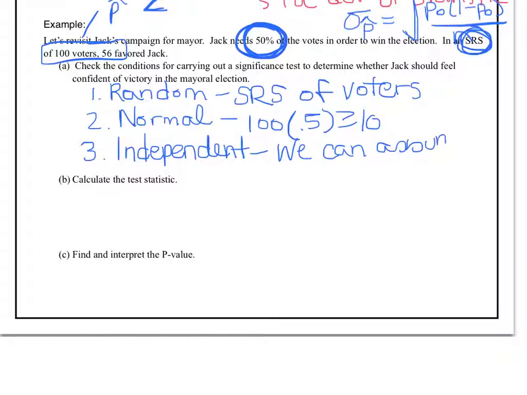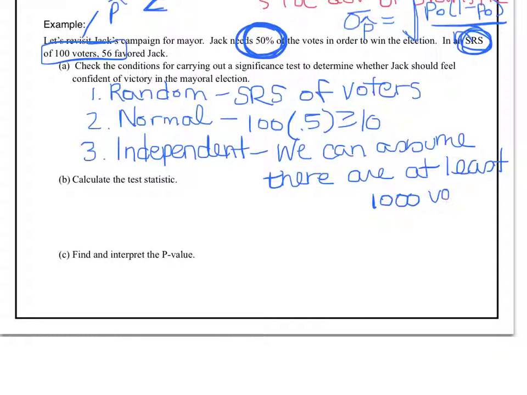So we can assume there are at least 1,000 voters.